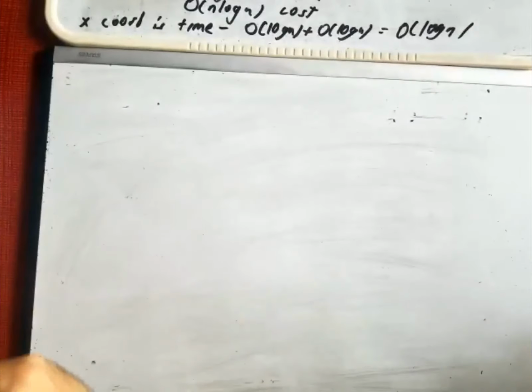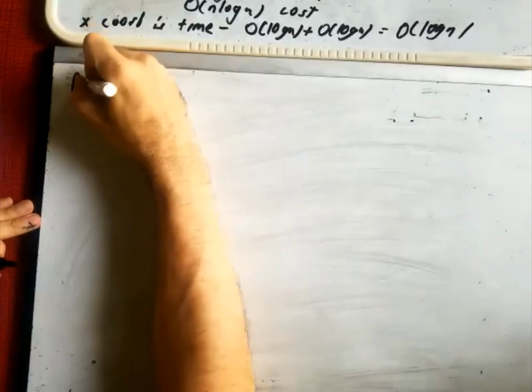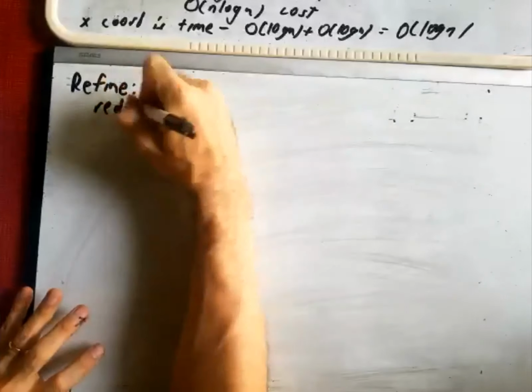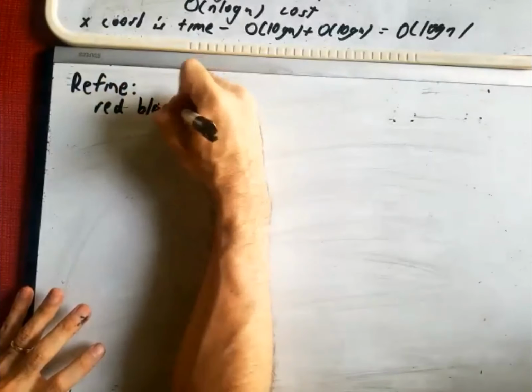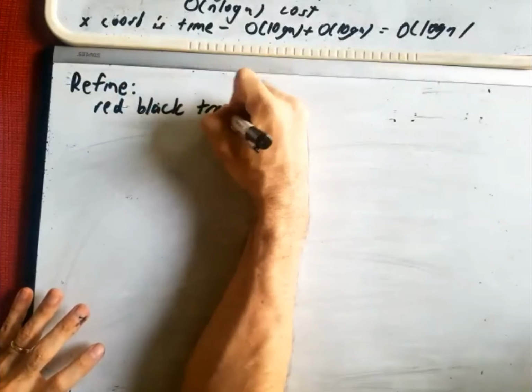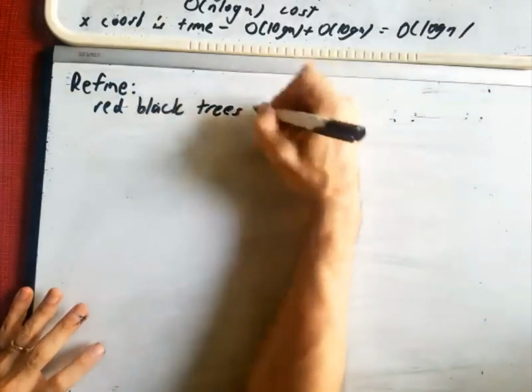Now we can do one little refinement on this. If you go back and look at how red-black trees work, on a particular insert or delete operation, red-black trees modify possibly log n bits, but they only do one rotation.